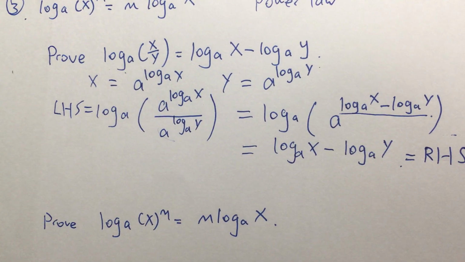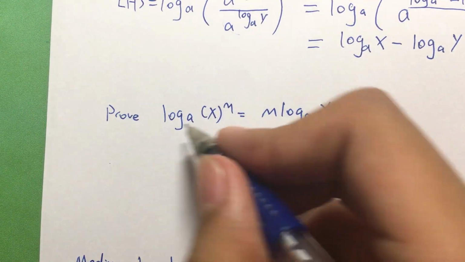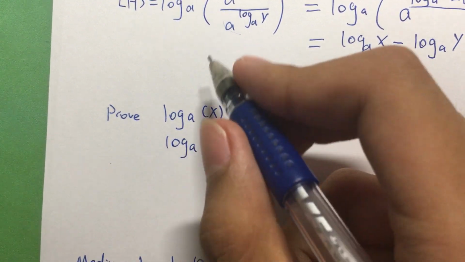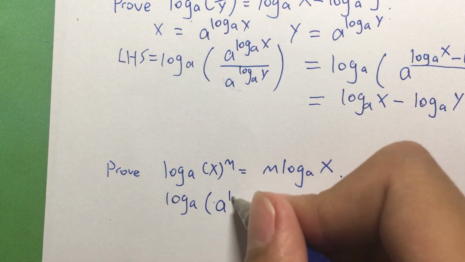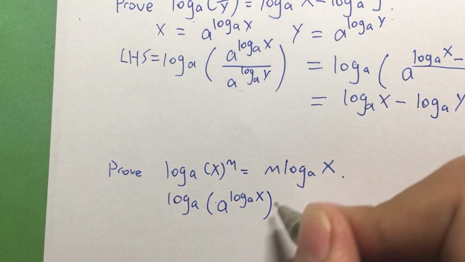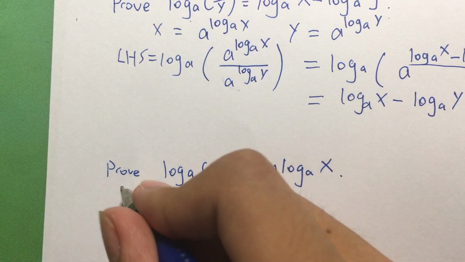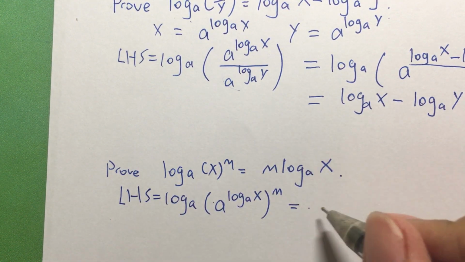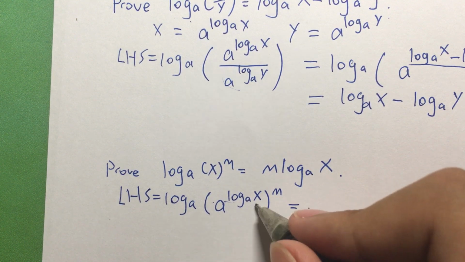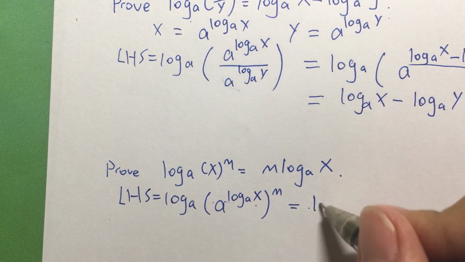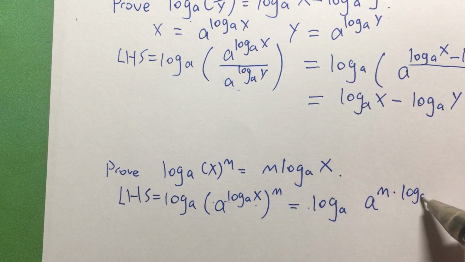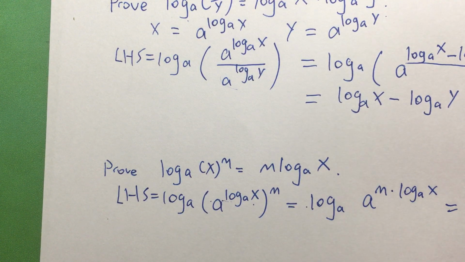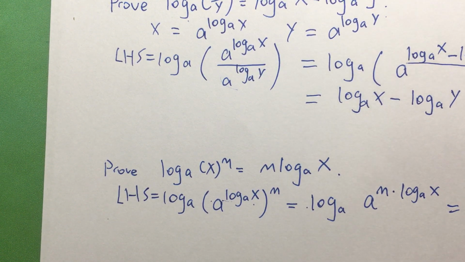Okay, let's do the power law. Actually, it's the same thing. We just change x into a to the power of log_a x. We do it again: log_a (x^m), the left hand side, equals log_a of (a to the power of log_a x) to the power m, which is log_a of a to the power of m times log_a x, and this equals m log_a x, which is equal to the right hand side.